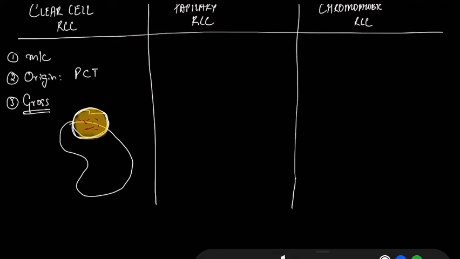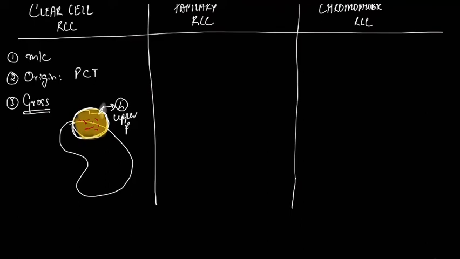So what do we see here? We see the tumor is located on the upper pole. So the first point under gross is that the tumor is located in the upper pole. We see that there's a yellow area along with hemorrhages.